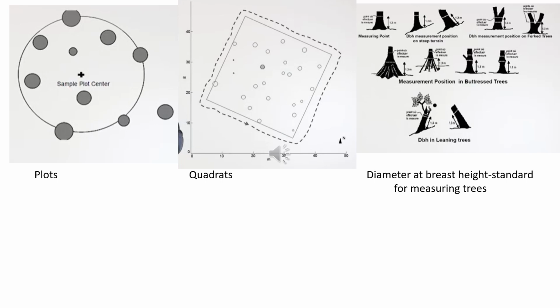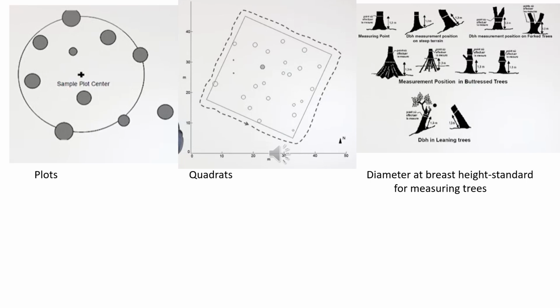Usually, it's very important to set a minimum diameter of the tree, or what we call the diameter at breast height, which is considered the standard for measurement of trees, and we call it DBH.